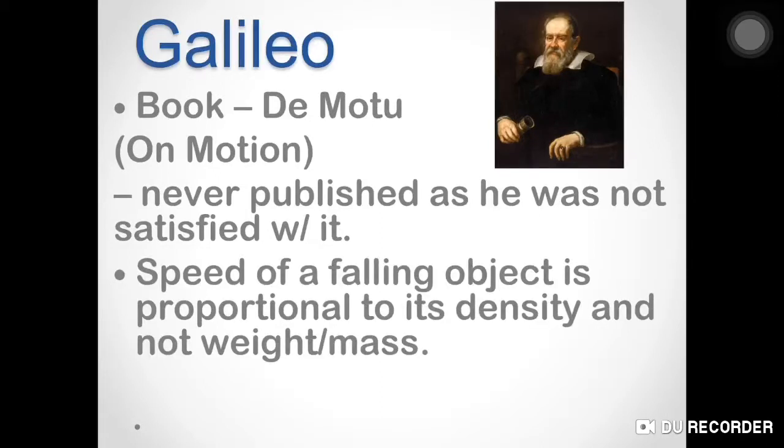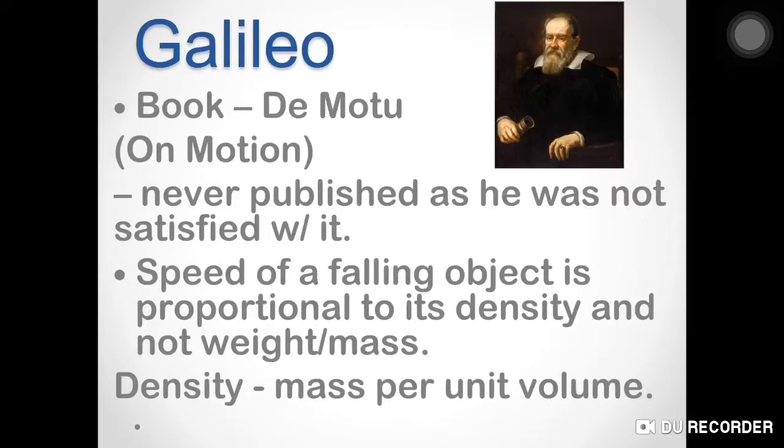According to Mr. Galileo, the speed of a falling object is proportional to its density and not the weight or the mass. So what is density? I'm pretty sure you are aware of density already because you have taken it in your early grades, but I will just give you a review.